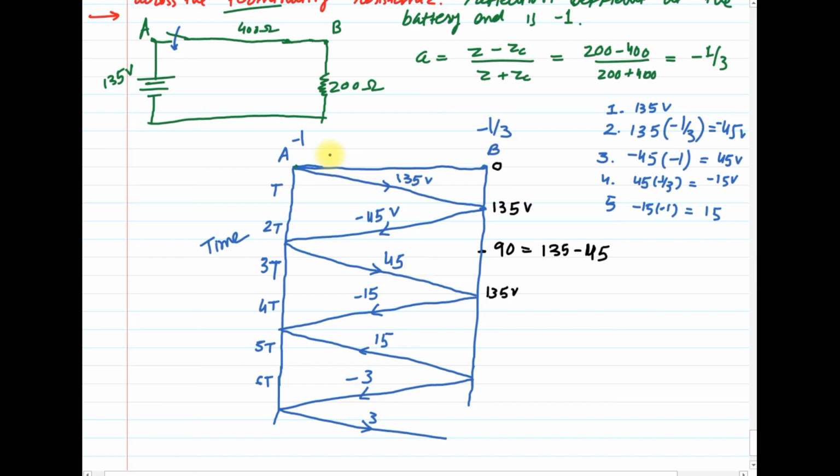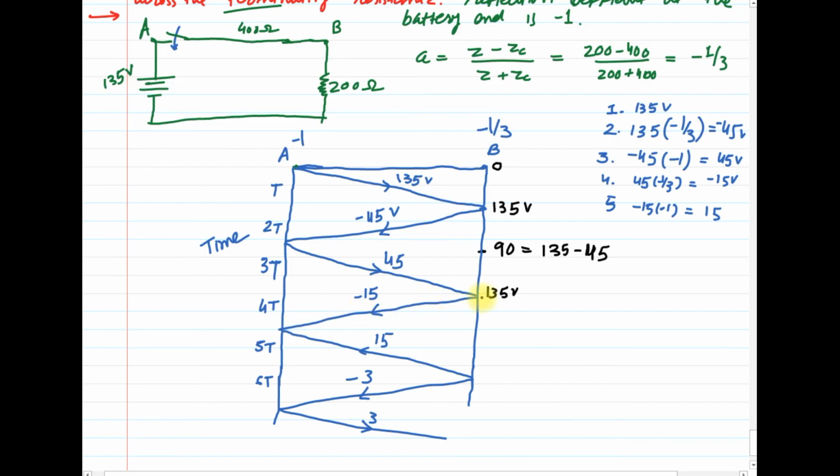Clear? That's why we have considered a minus 1 over here. That means at the end of the successive reflections, the voltage across the resistor at the end of the transmission line remains as it is. Now again the voltage across the terminating resistance is 135 volt.